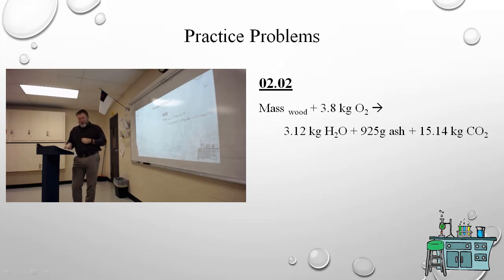If 3.8 kilograms of oxygen gas is used to burn a piece of wood, then what was the mass of the wood if the chemist collects 3.12 kilograms of water, 925 grams of ash, and 15.14 kilograms of carbon dioxide?